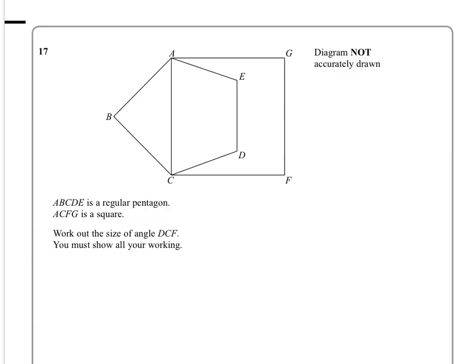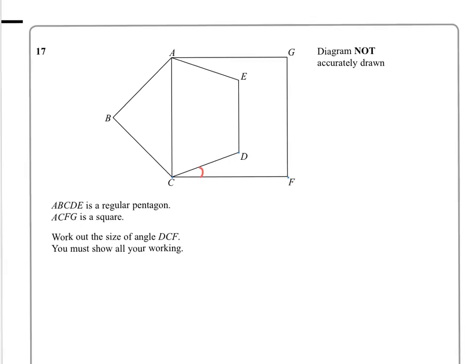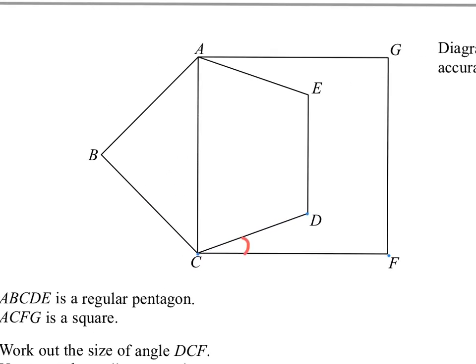I think for this question we've got to work out the size of angle DCF. So DCF. So this one here. I'm going to enlarge the shape a little bit, and that might give us a better view here. So let's look at the centre.